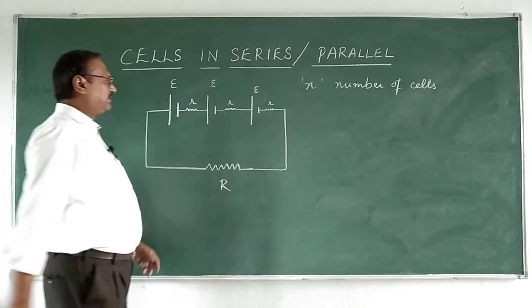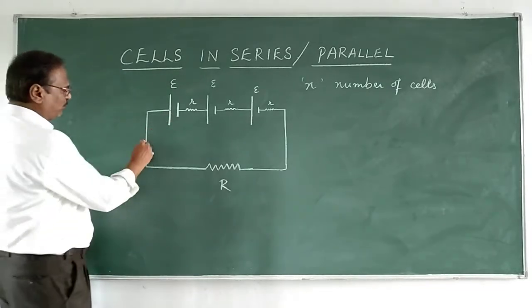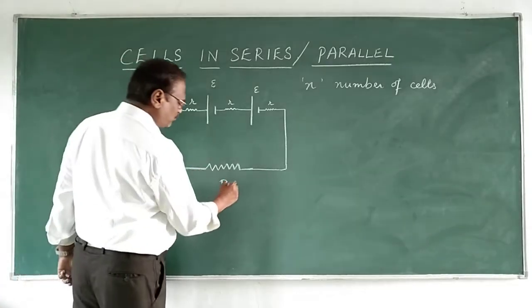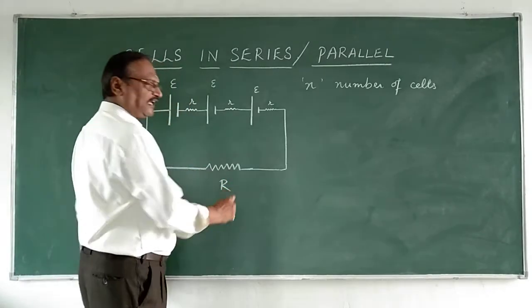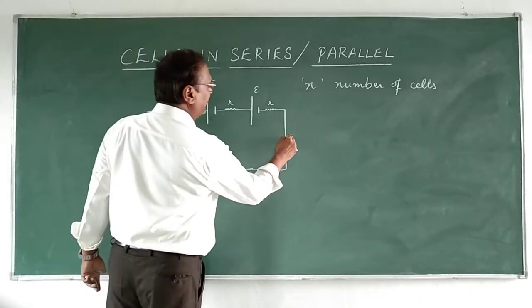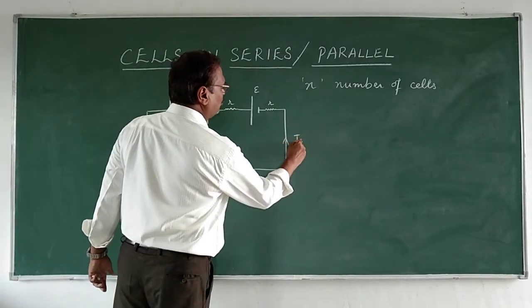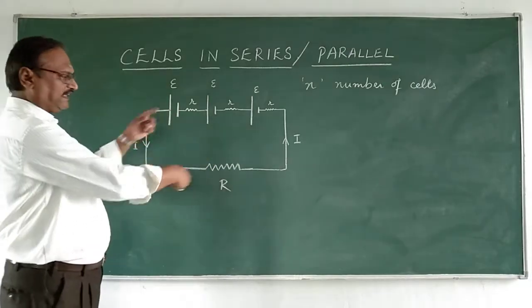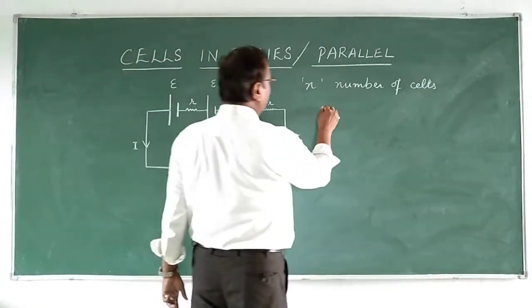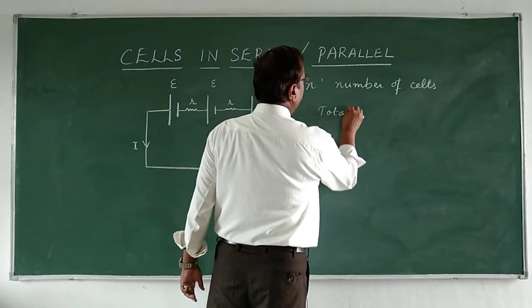You know very well, from positive a current will flow through, that is going to be I, and it will pass through the external resistance. There will be a potential across this value, and again the same current will go through so that the circuit is complete.